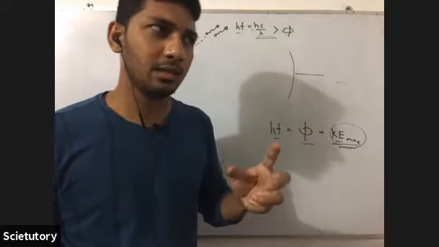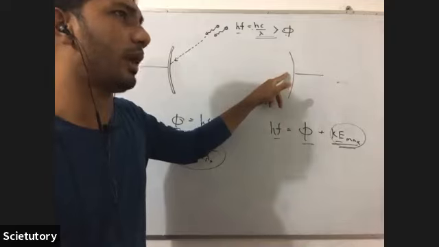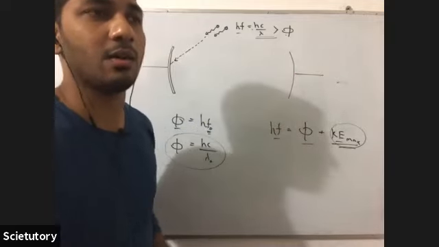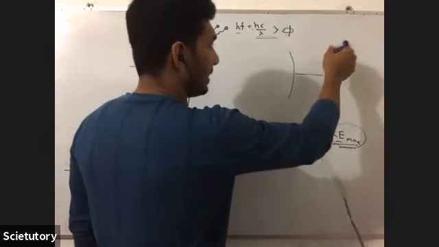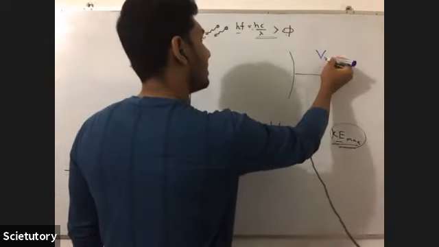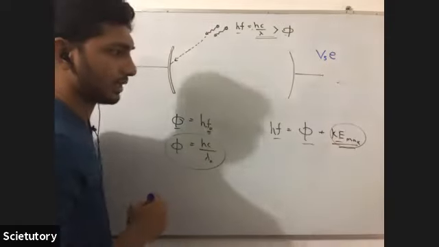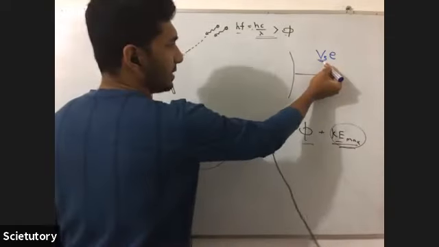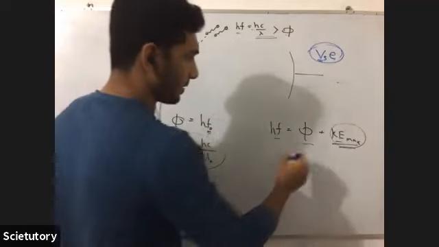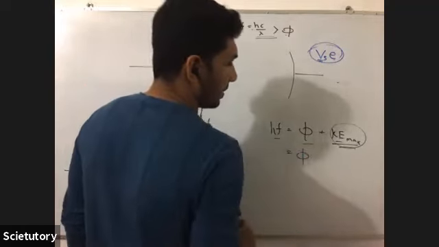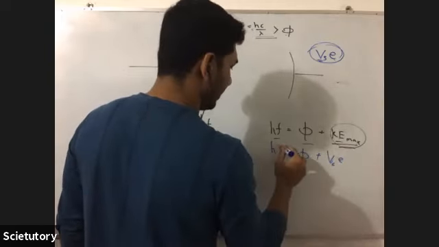At that point, the voltage difference between these two electrodes is known as the stopping voltage. The work done by the stopping voltage is the stopping voltage times the charge of the electron, because this is on a unit charge, so to find the work, we multiply by the charge. So KE max equals eVs is the final equation.